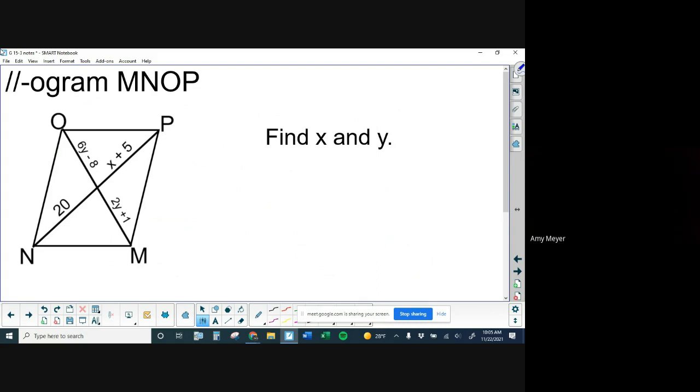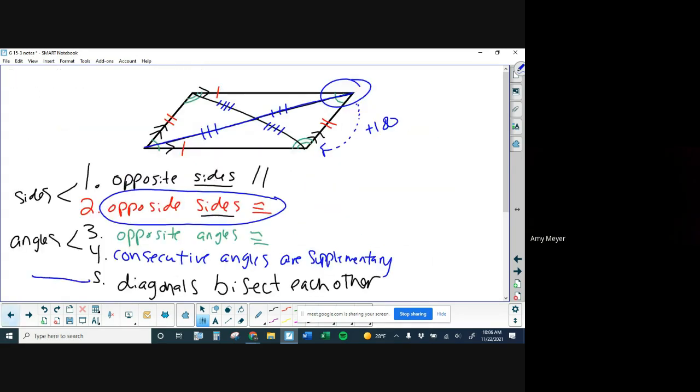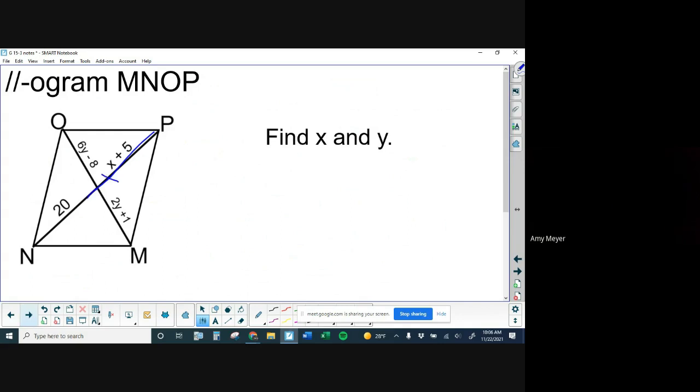All right, let's take a look at this one. X. X is right here. That's part of a diagonal in property number 5. Diagonals bisect each other. So this is equal to this. 20 equals x plus 5. You don't even have to plug that back in.